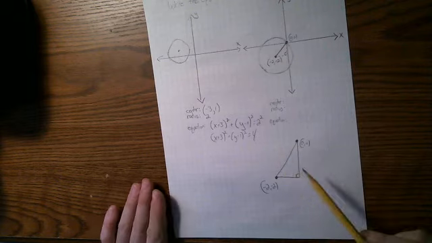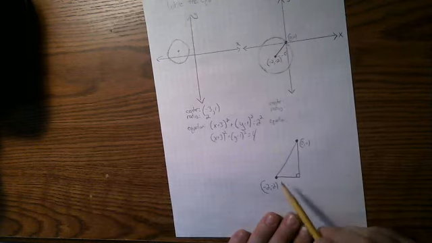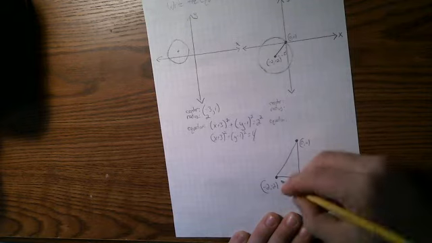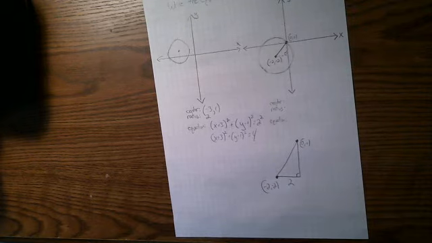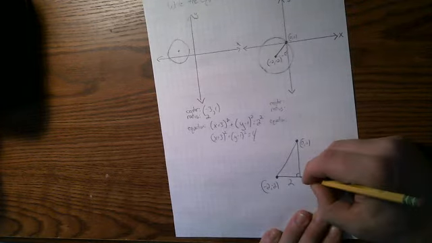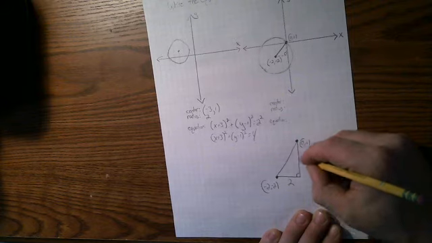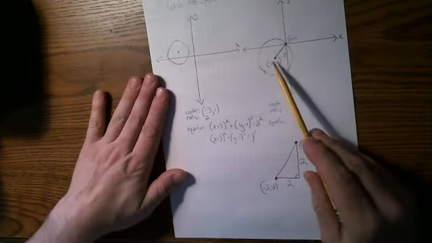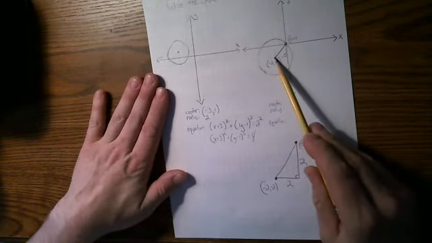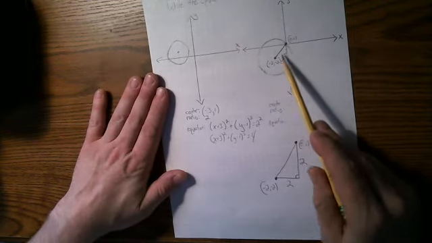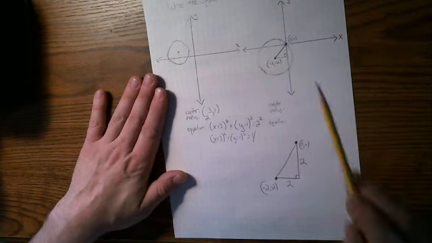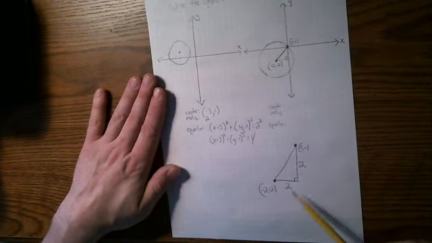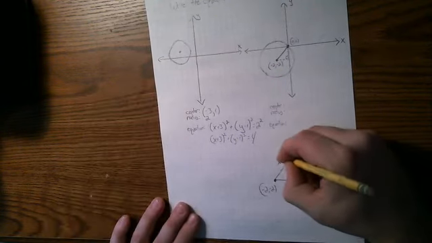Now let's just pretend this is not on graph paper. So in order to get from -2 in x to 0, we have to move 2 units. In order to get from here to here, from -2 to 0, we also had to move 2 units. And all you'd have to do is count the boxes. I had to move over 2 boxes to get even with that, and I had to move up 2 boxes to get to that. So we have a right triangle with sides 2 and 2.